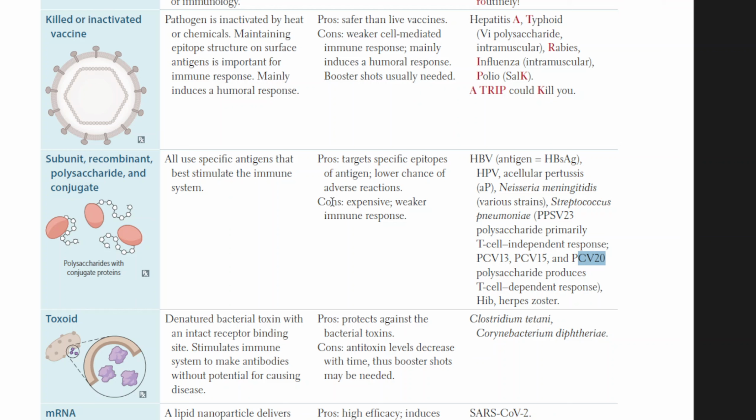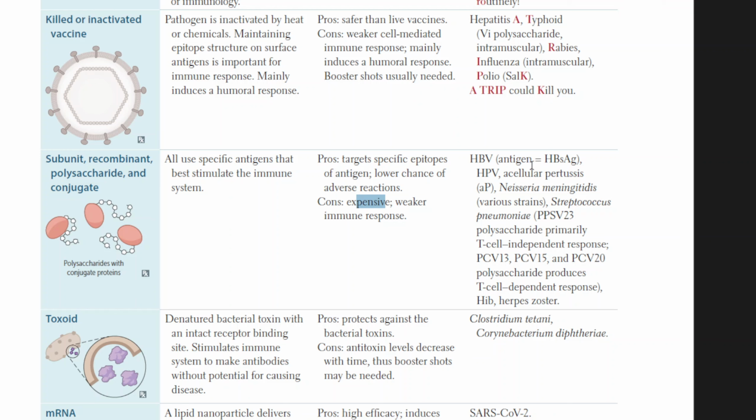I'm going to find a question to read about this. In this group, remember subunit, recombinant, polysaccharide, and conjugated. They are expensive, they're weaker, and they're more specific for certain diseases.